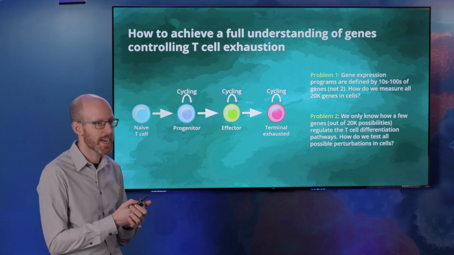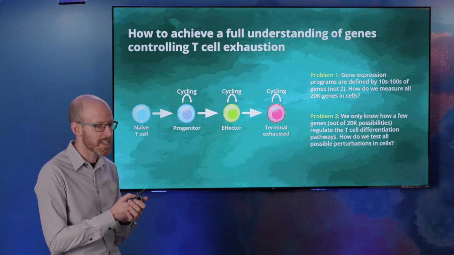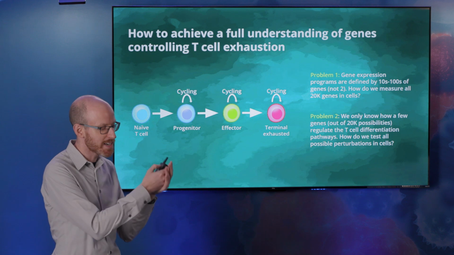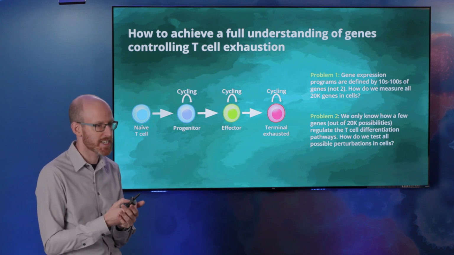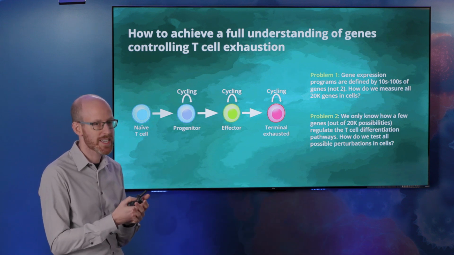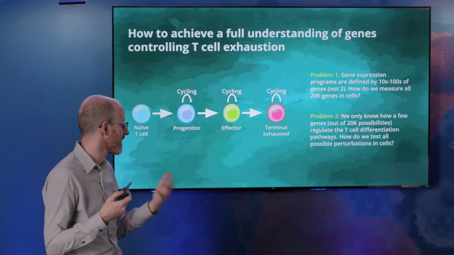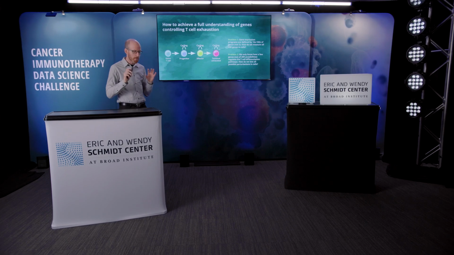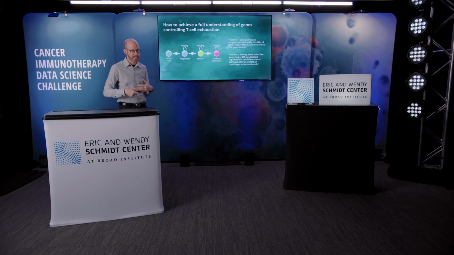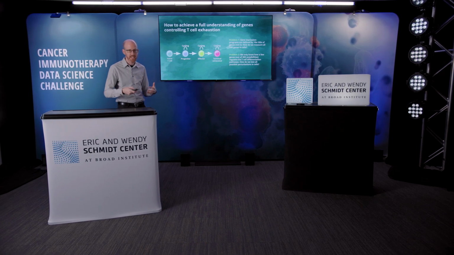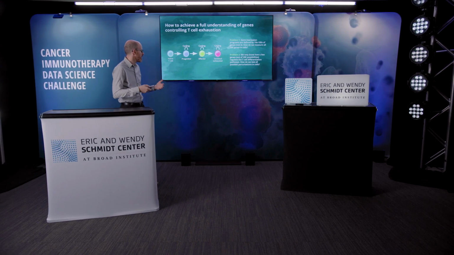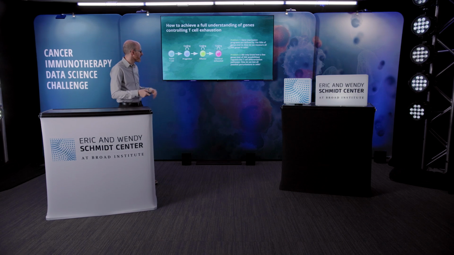The reason we care about this is that currently, regular T cells enter this exhausted state and are unable to kill the tumor. So we really need to make some change to the T cell to enable it to better kill cancer cells. What we would like are technologies that allow us to test perturbations in cells and see what happens to the gene expression of those cells and the resulting cell states.